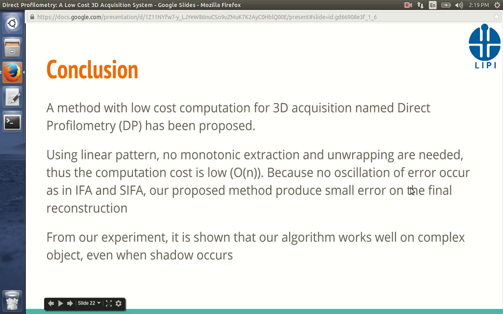And because there is no oscillation of error as in IFA and SIFA, our proposed method produces small error in the final reconstruction. From our experiment, it is shown that our algorithm works very well on complex objects, even when shadow occurs.